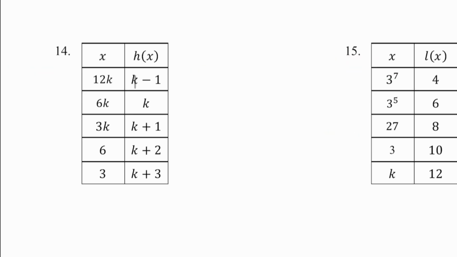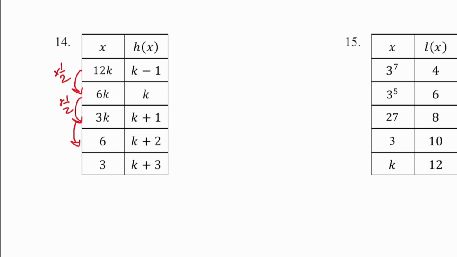So now 14 here looks kind of confusing on the y side, but we're going to ignore the y side because, again, the x side is what's changing proportionally. So let's ignore the k for now and just look at the coefficients. We see 12 to 6, that's multiplied by 1/2, which is also the same thing as dividing by 2. Also multiplied by 1/2. So everything else should be multiplied by 1/2 times 1/2.